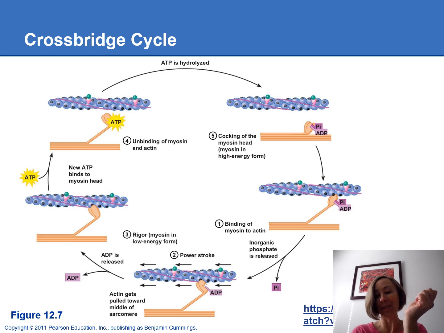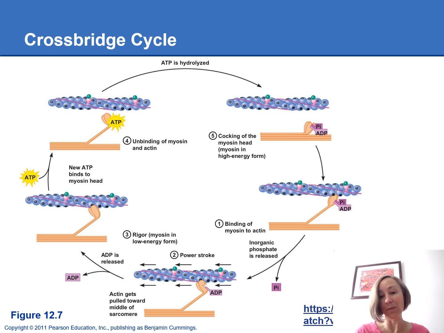Okay, so it's just going to reach up, grab onto the thin filament or the actin, and then it's just going to rotate and do a power stroke, and it's going to move that thin filament towards the M line, towards the middle of the sarcomere.